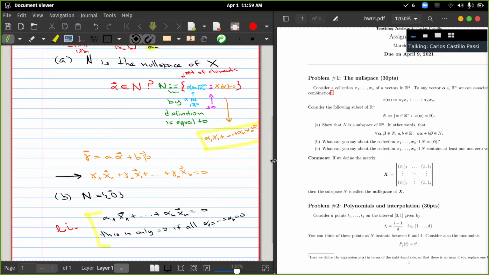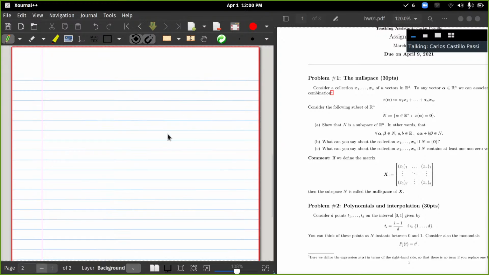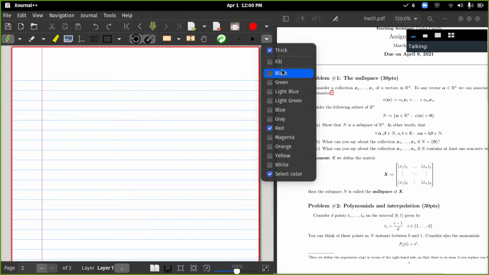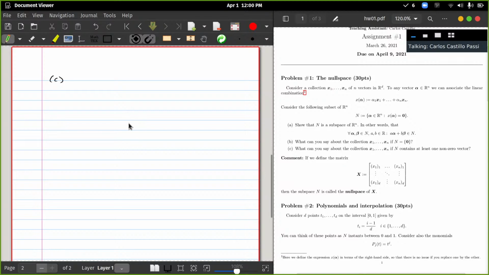Okay, so for question C, let me create another page. Forgot how to create a page. For question C, what can you say about the collection if it contains at least one non-zero vector?